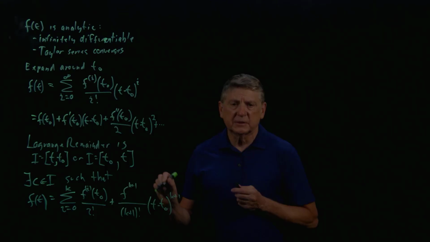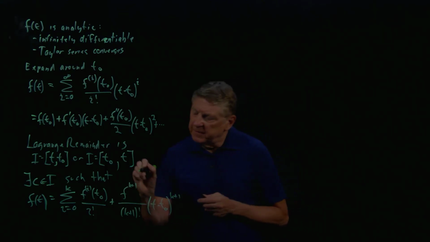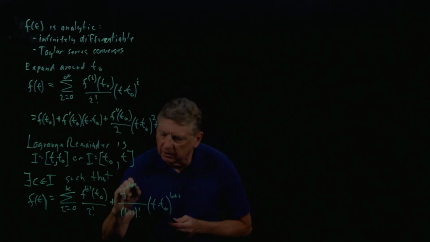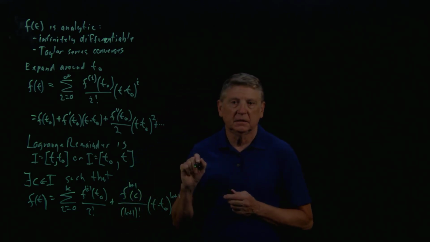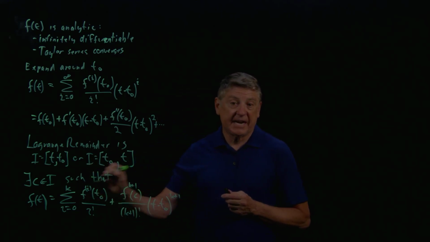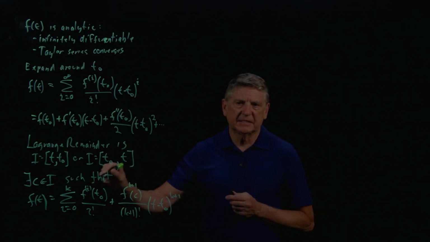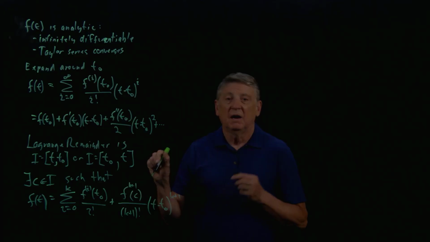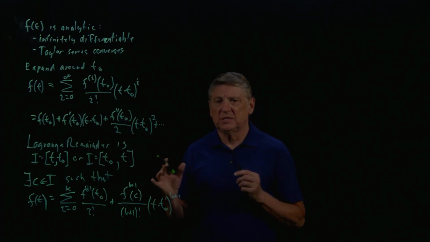All of this looks like it's an extra term, but there exists a c in the interval where if we evaluate the k plus 1th derivative at c, we get an exact term. What that's saying is that as we expand this, there's some value c kind of close to t0.